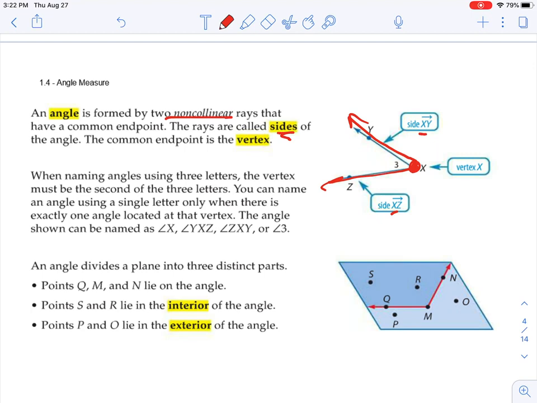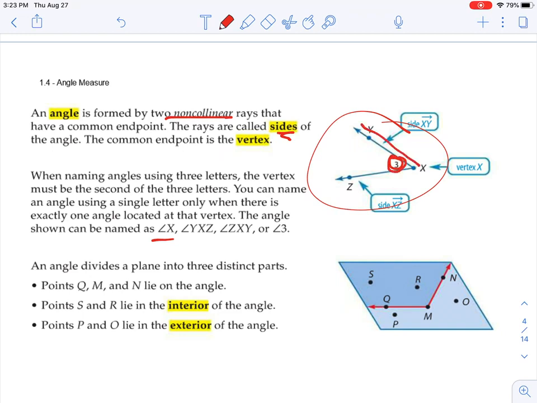Next, when naming angles using 3 letters, the vertex must be the second of the 3 letters. You can name an angle using a single letter only when there is exactly one angle located at that vertex. So in this case, there is only one angle here, which means we can name it angle X. The angle shown can also be named using a number.